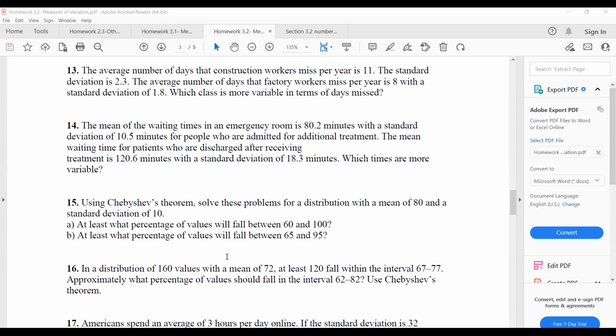Use Chebyshev's theorem. Now there's a lot of information packed into that. In a distribution of 160 values with a mean of 72. What's hard about Chebyshev's theorem is we don't know what the distribution actually looks like.